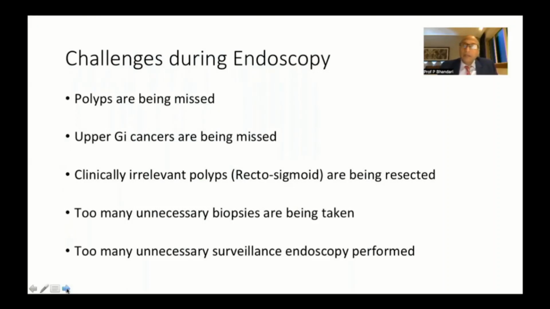Similarly, we take a lot of unnecessary biopsies, again, which are not clinically required. And we do perform too many endoscopies, too many unnecessary surveillance. So all these issues could be addressed if endoscopic imaging is utilized properly.